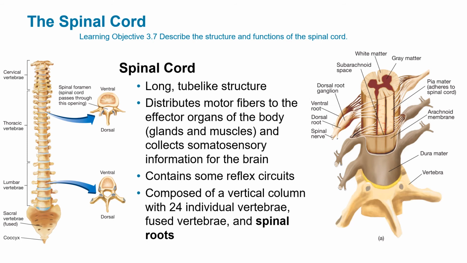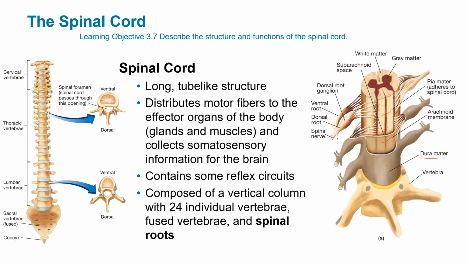Basically, you can see when you look at it, this outer layer over here is the dura mater. Then inside that, you've got the arachnoid membrane. Then inside that, you've got the pia mater. So they're all there. The arachnoid layer isn't as thick, but it is all there.